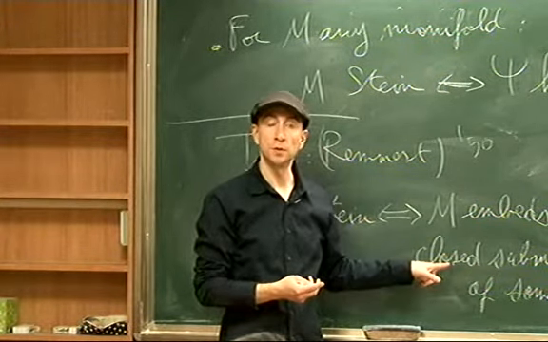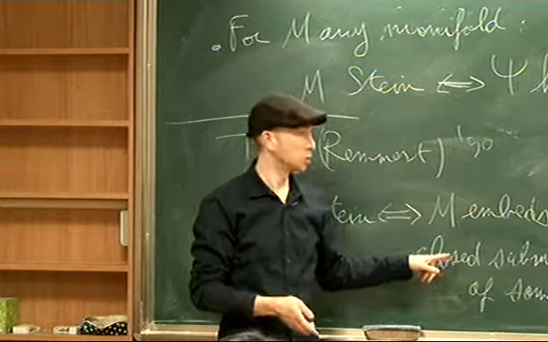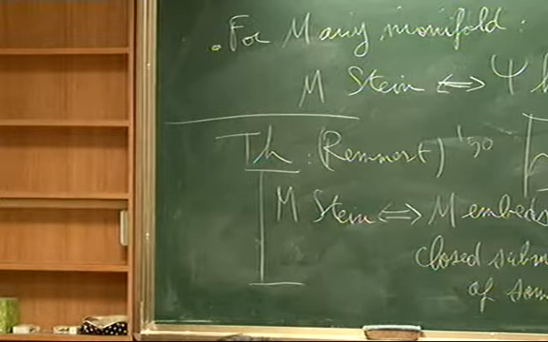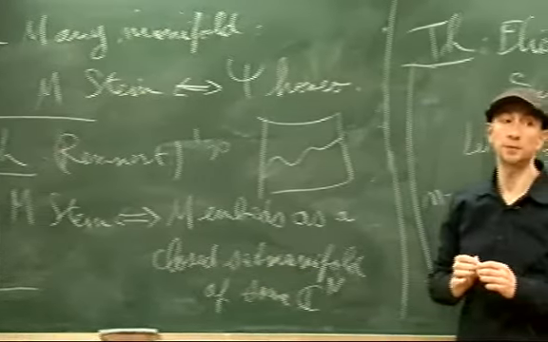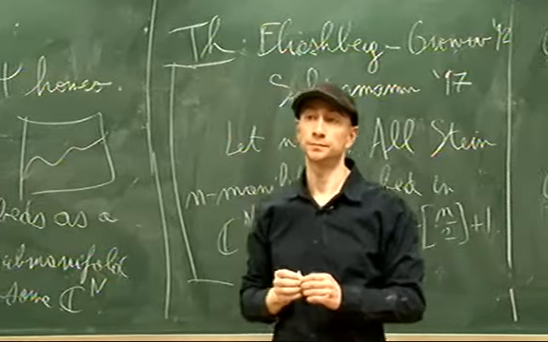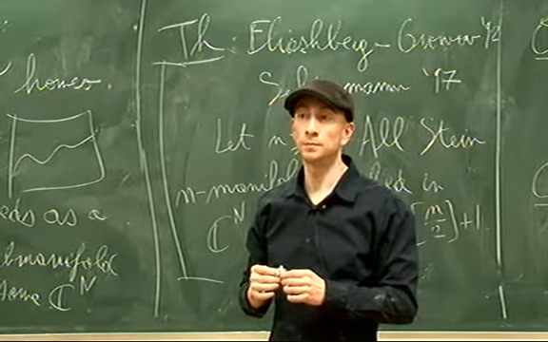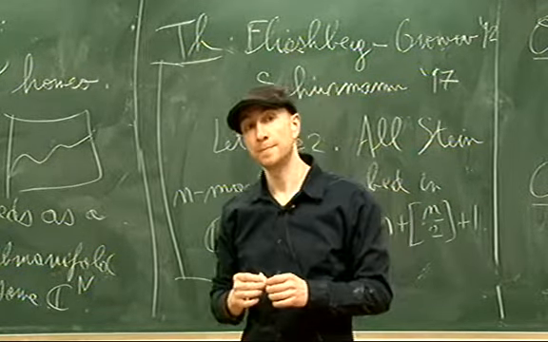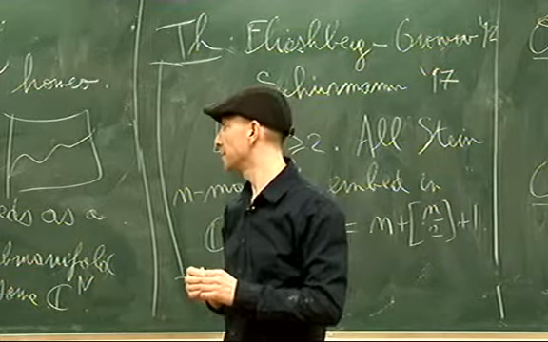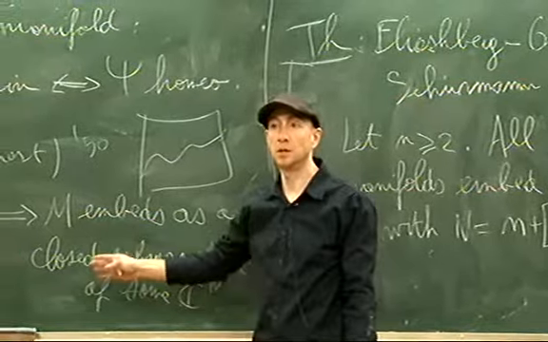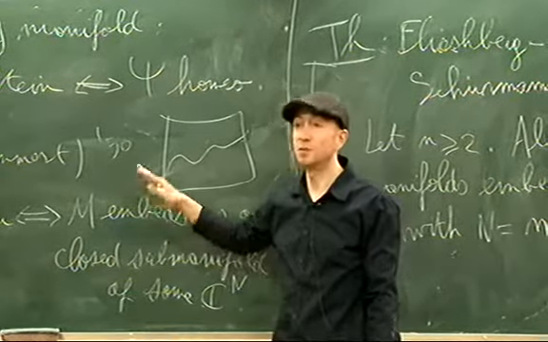Closed doesn't mean there's a boundary. Closed simply means closed as a submanifold. So this is C to some power, and the closed embedding means there's no accumulation point outside of it. That's the definition of submanifold. All submanifolds are supposed to be closed in most of our conventions. Actually, in several complex variables it's often all closed.